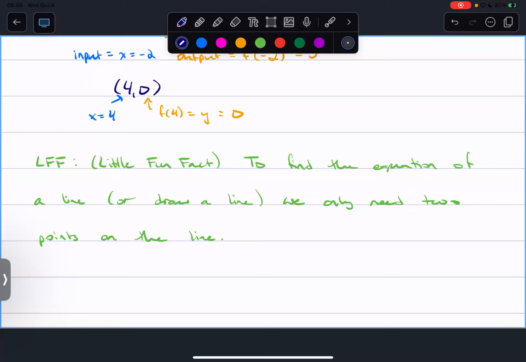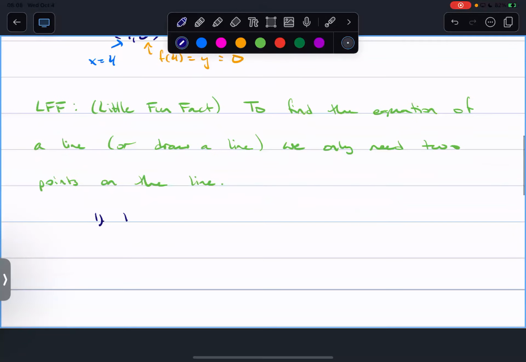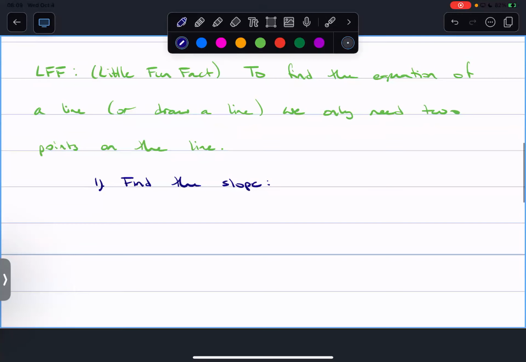That's cool. First thing we're going to do, we know how to find the rate of change, right, which is the slope. And so step number 1, find the slope. The slope, I'm going to call it m. I don't think we have been, but m is the rate of change, which we know how to find, which is the change in the output over the change in the input.